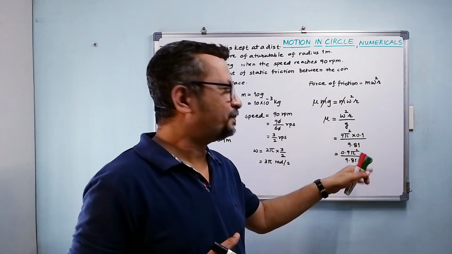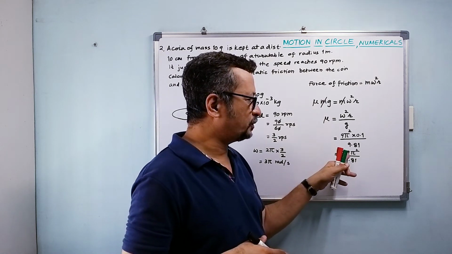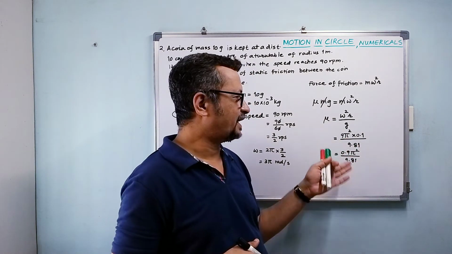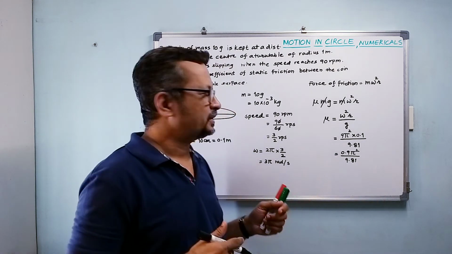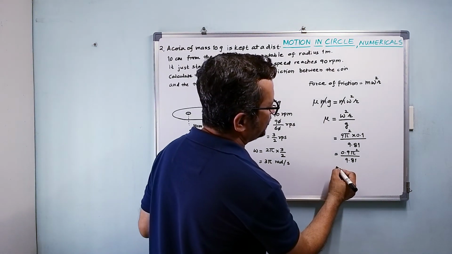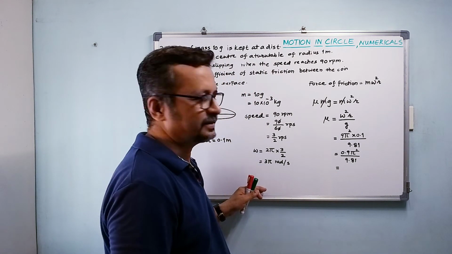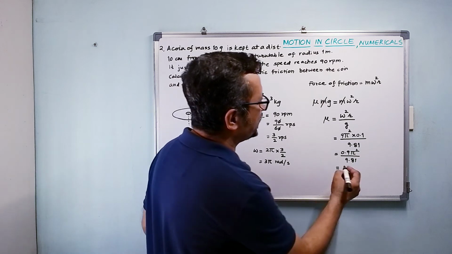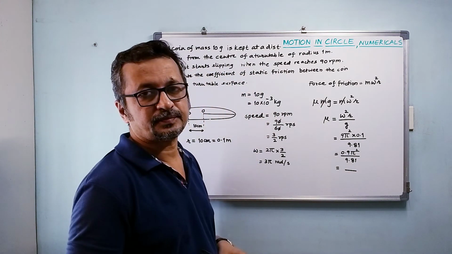So square of pi is going to be somewhere near 10. So 10 into 0.9, that is 9, and 9 upon 9.81. So your answer should be somewhere about 0.9. Okay, so this can be calculated using your calculators.